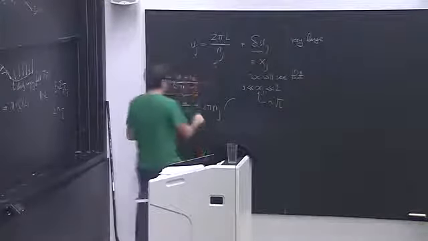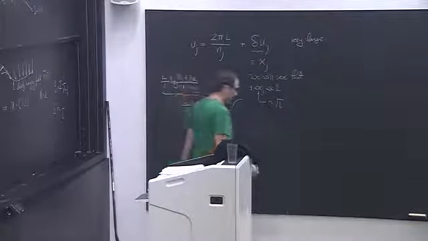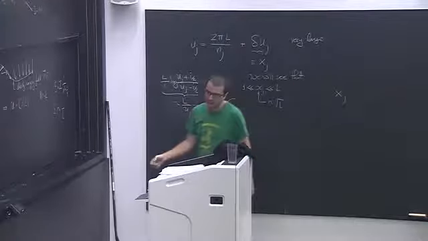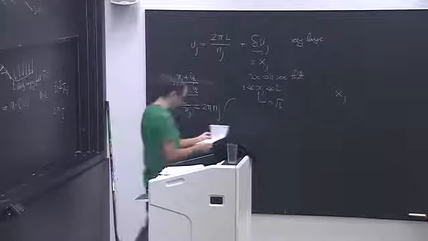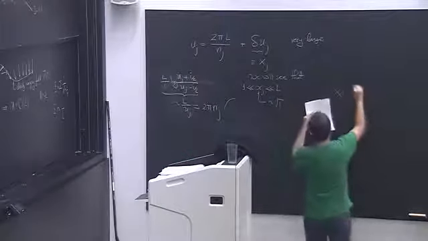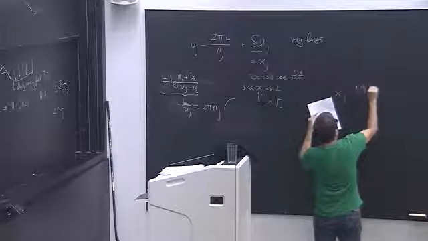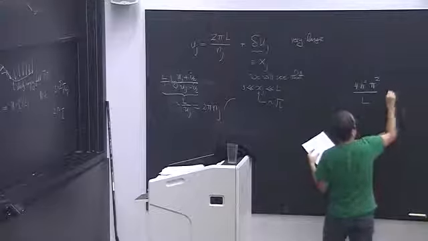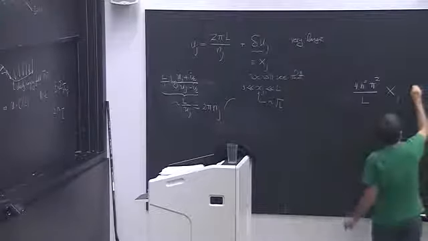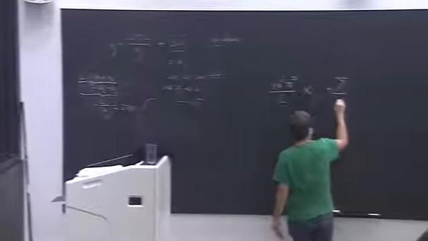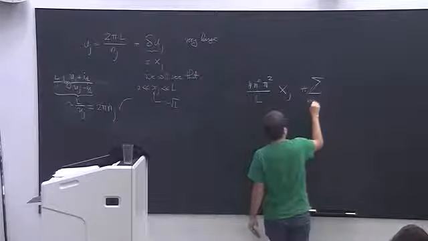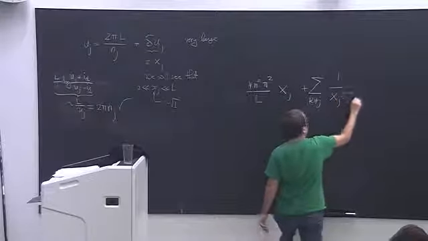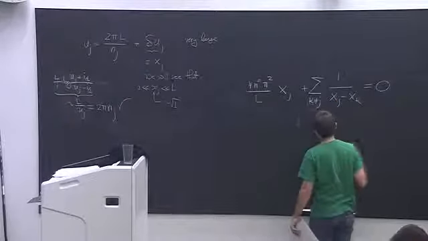And when I expand further, we get the following. We get xj times 4n square pi square over L, so that's just a constant, times xj, plus the sum over k not equal to j of 1 over xj minus xk equals 0.